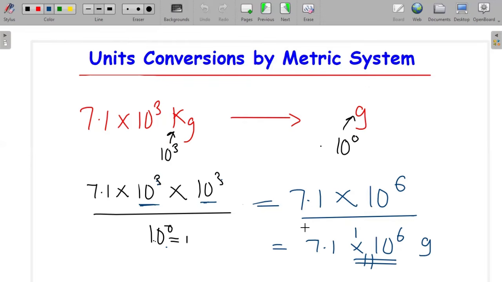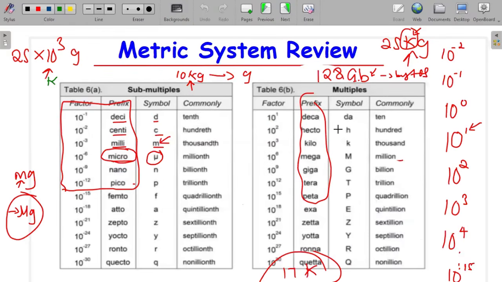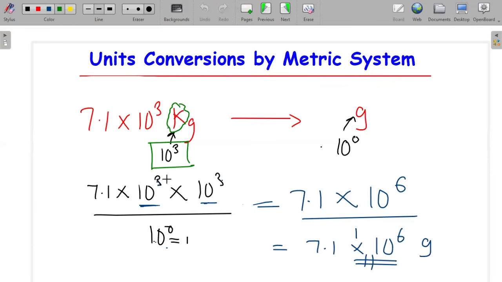So here we were asked to convert 7.1 times 10 to the power 3 kgs. We convert it to what? To grams. Since we're using conversion by the metric system, we just have to know the values of the prefixes that we have. Here the prefix was this k. From the metric system table that we looked at, kilo has 10 to the power 3, so the k is the same as 10 to the power 3.